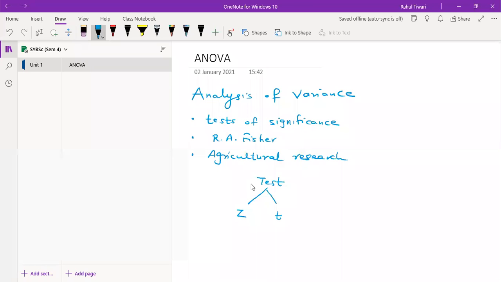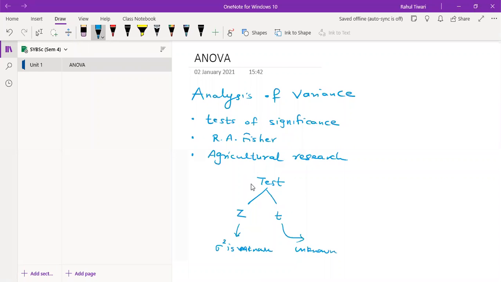So Z test is applied when the population variance or standard deviation is known. If it is unknown, then you may go with the T test.